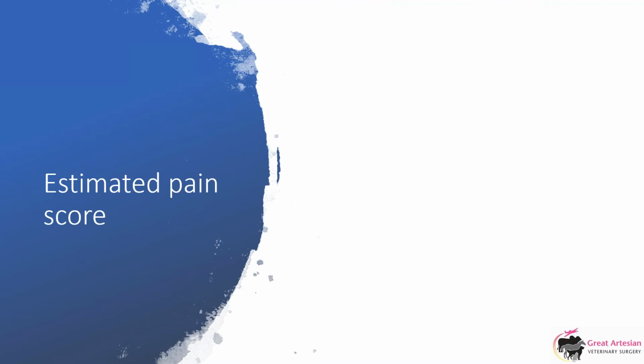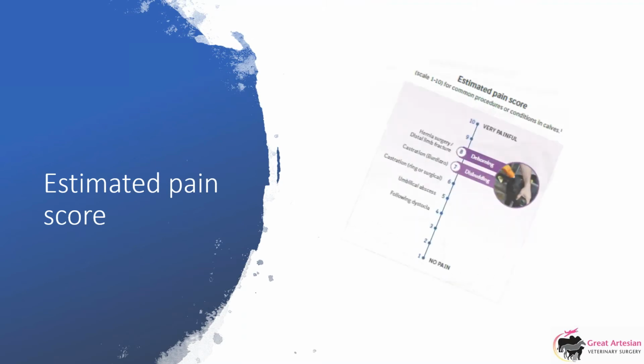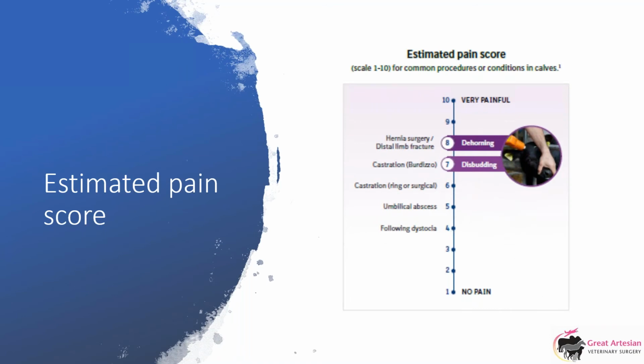So this is a little chart that gives us an estimate of the pain scale in calves. Interesting to note that they've estimated that dehorning is as painful as a broken bone, and also that castration using rings and scalpel blades rank the same, but using physio is at a higher level.